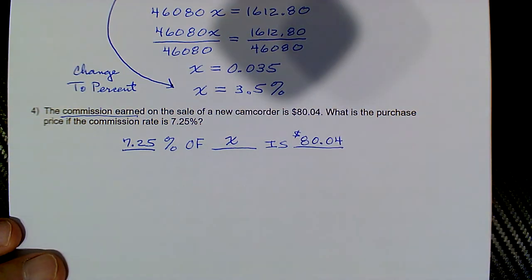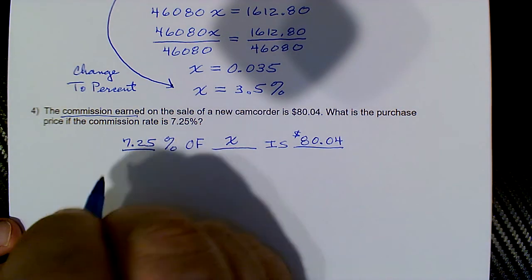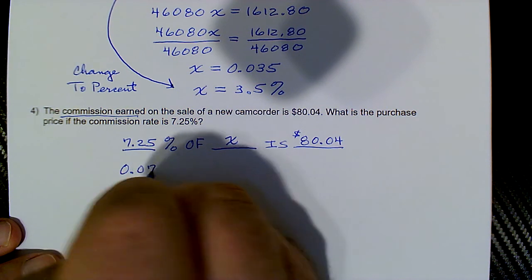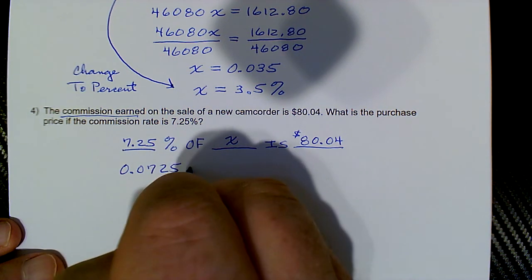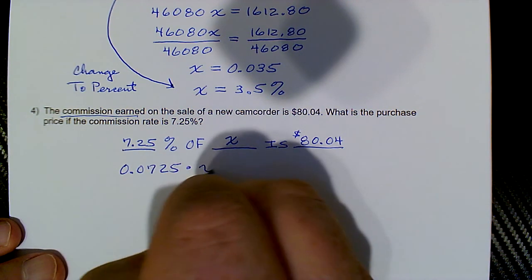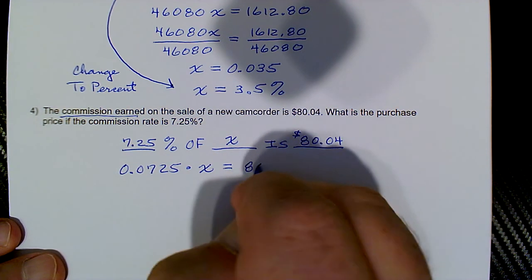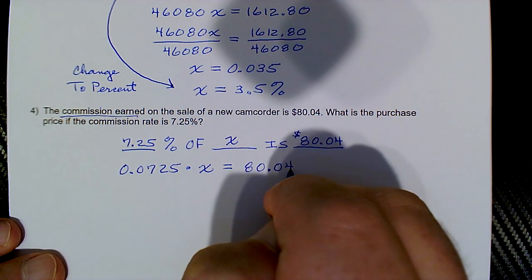Okay, so kind of similar to number 2, just with the scenario of commission rather than sales tax. But same routine, change the percent to a decimal, 2 places to the left, 0.0725, of means multiplied by, X, is means equals, and that's the 80.04.